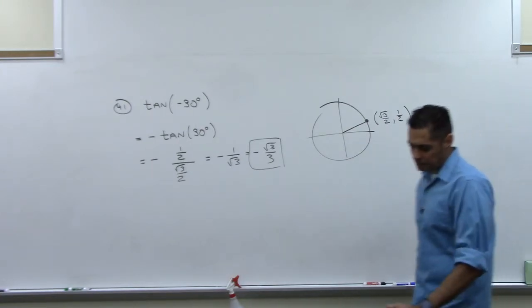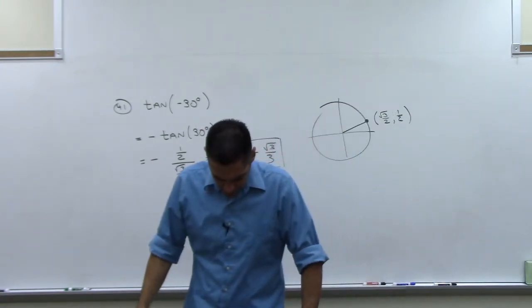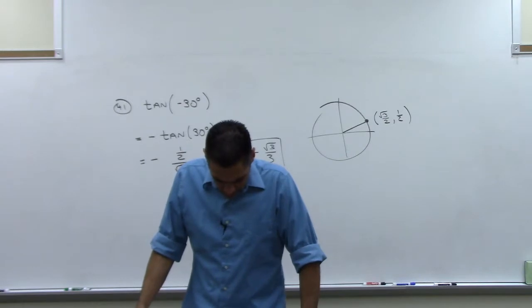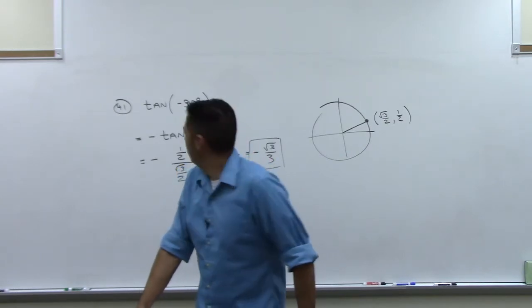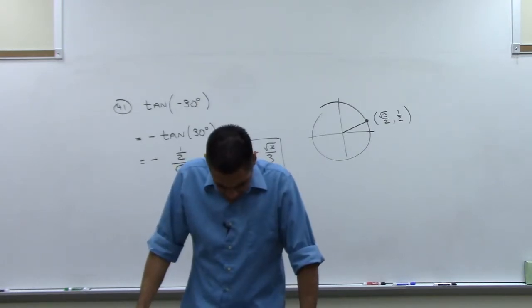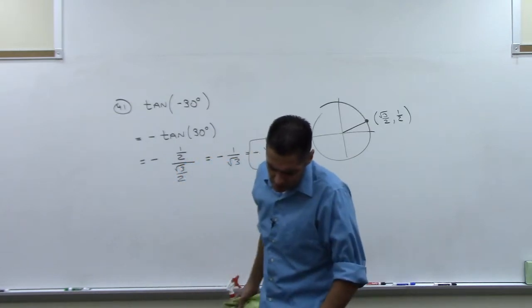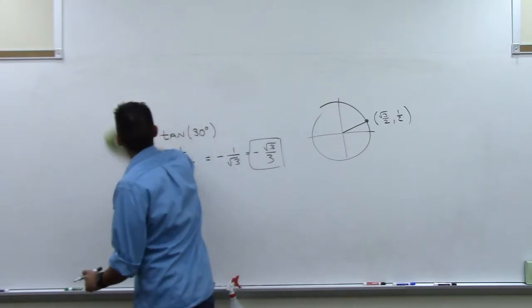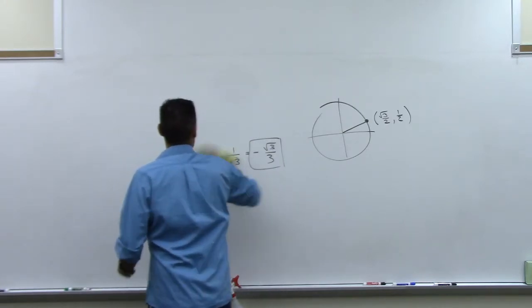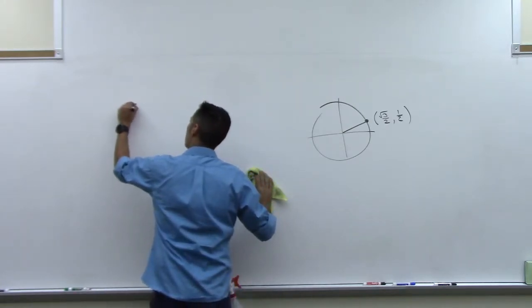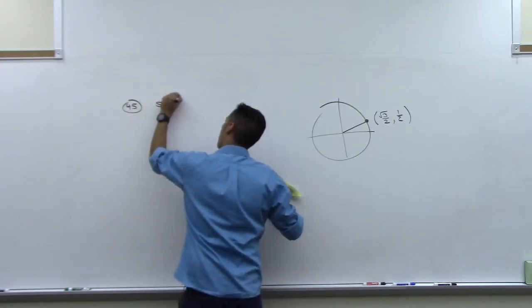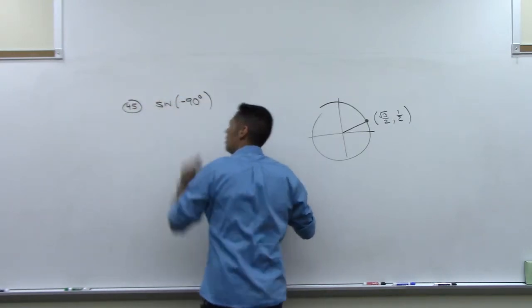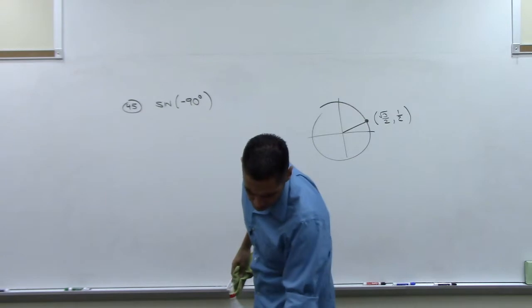All right. Now let's move to number 45, which is sine of negative 90 degrees.